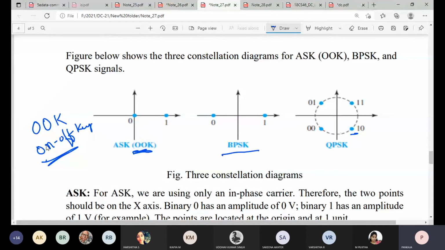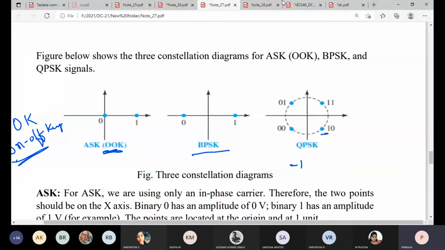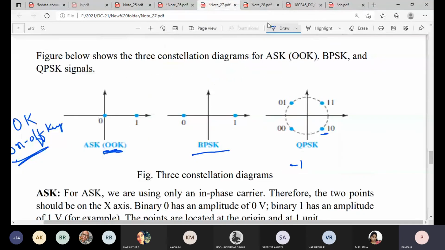As we have discussed in the previous diagram, the phase is represented with minus 35 degree, minus 45 degree, and plus 35, plus 45 degree.